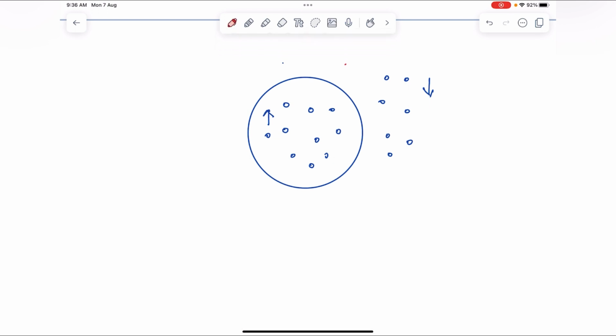Here the concentration is higher inside the cell, and outside the cell the concentration is low. So the movement will take place from lower concentration to higher concentration. For this process energy is required, by the expenditure of ATP, that's why it is called active transportation.